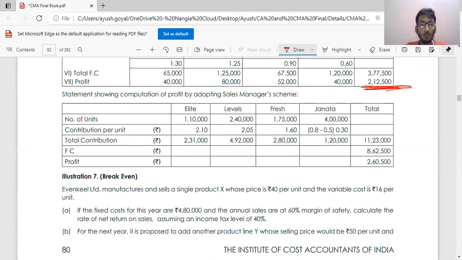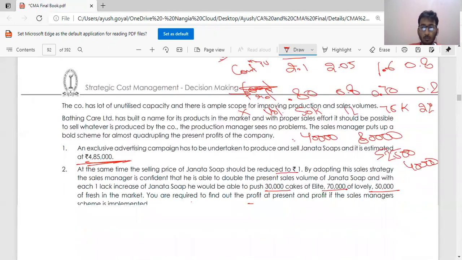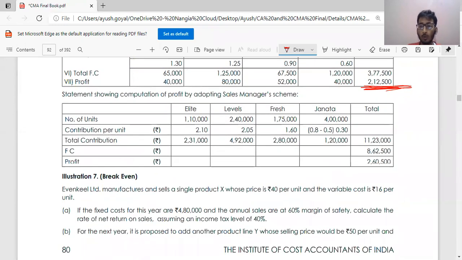So it's very easy. I should not waste time. The next one is also easy. You just need to recompute the total volume by the changes in total volume and change in price of Janta. Consider this advertisement cost as well. So your new profit would be this.